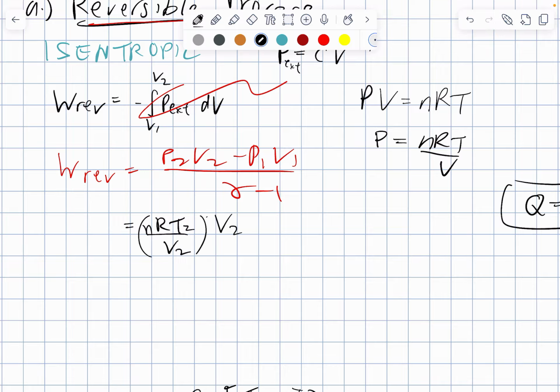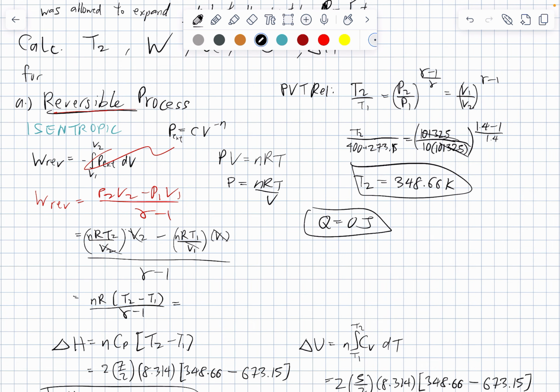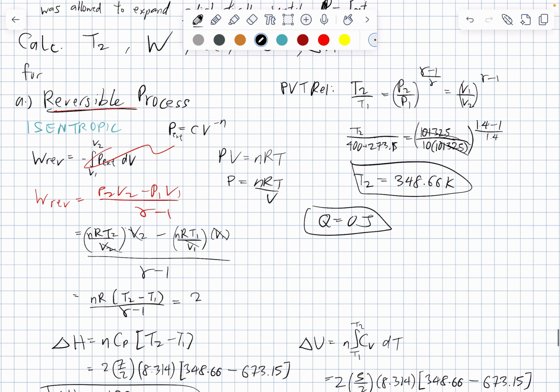So basically V2 cancels, no? Okay, n is 2, R is 8.314.